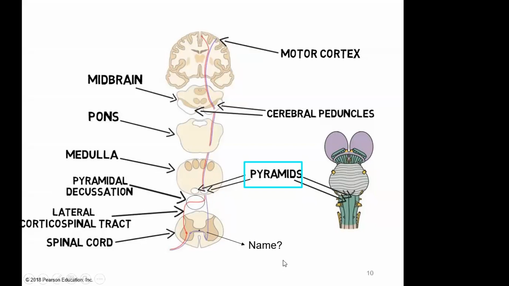Anterior. Okay, so our two options are lateral and anterior. The major difference between them is one will decussate at the pyramids, the other will decussate in the anterior white commissure.